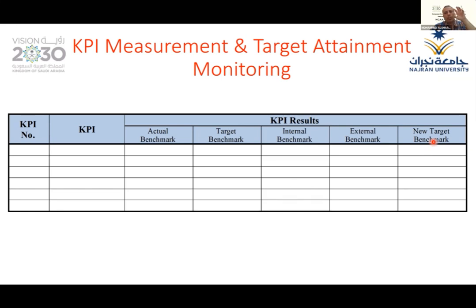The suitable answer: if the actual benchmark did not achieve the target benchmark, the same target benchmark will be used as the new target benchmark. But if the actual benchmark achieved the target benchmark, a new target benchmark will be set which is higher than the actual benchmark that we got.